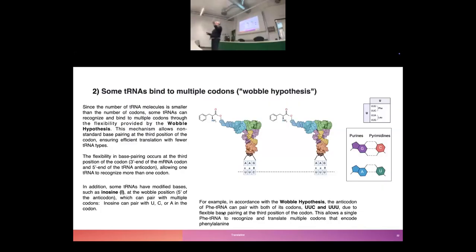We compared with the published one, and hopefully it was according to the frame. It was on the third base of one of the codons. So at this point, we relaxed and said, okay, we can go ahead with this DNA that we had cloned, and that was okay.